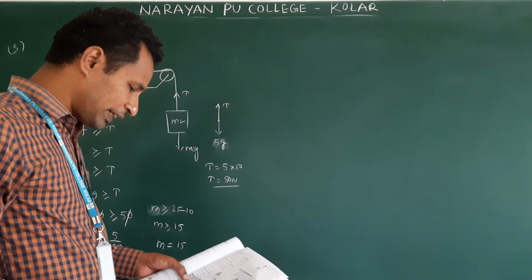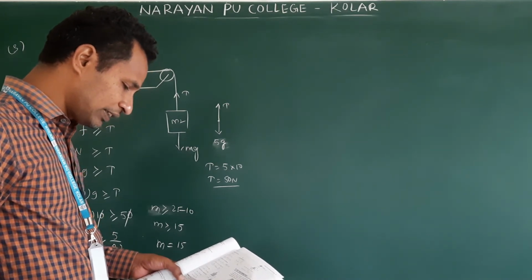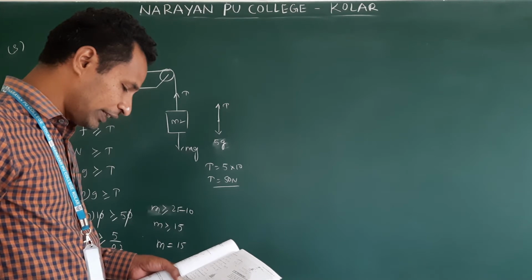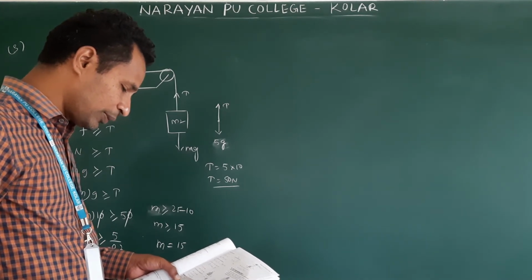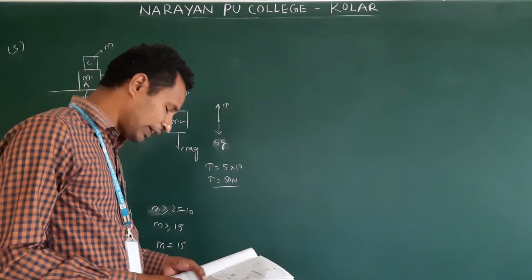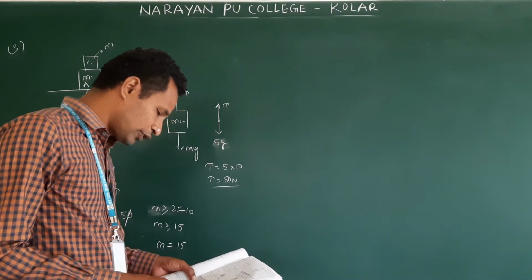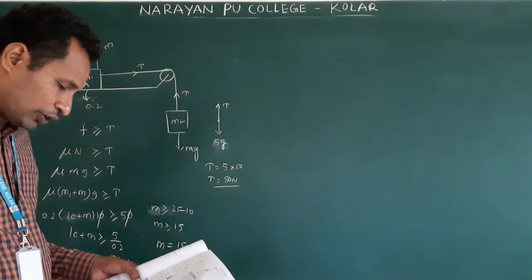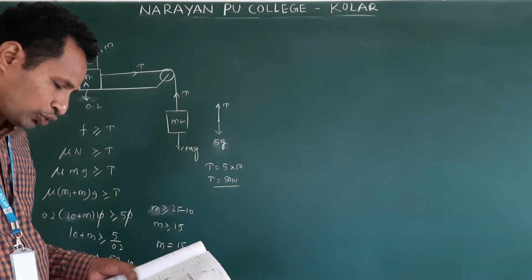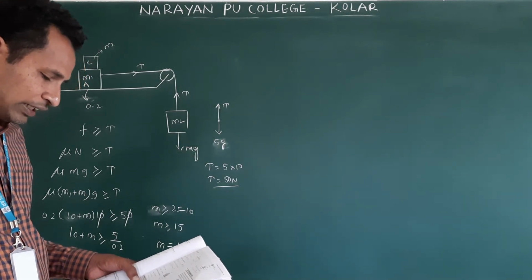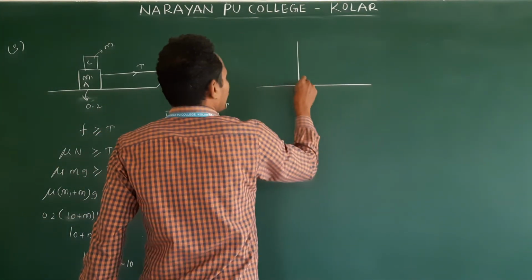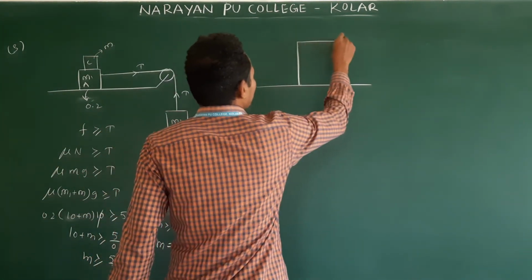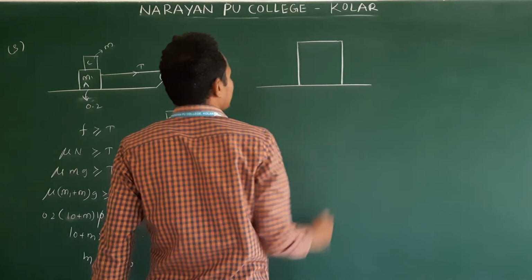A pushing force making an angle theta to the horizontal is applied on a block of weight m placed on a horizontal table. If the angle of friction is phi, the magnitude of force required to move the body is equal to... Okay, there is a block placed on a surface.